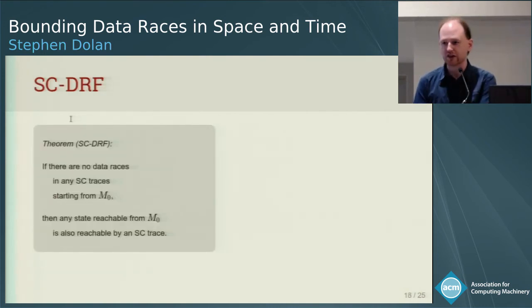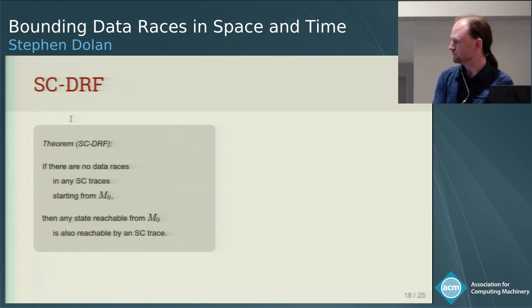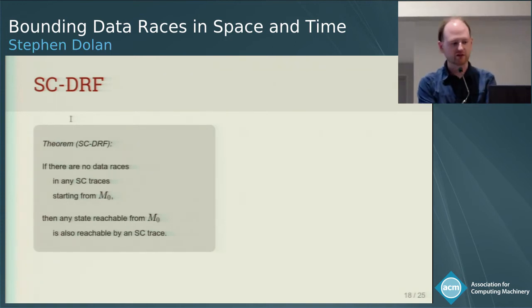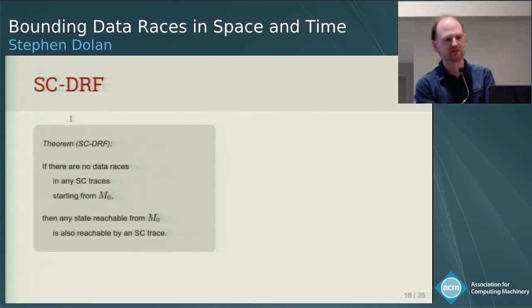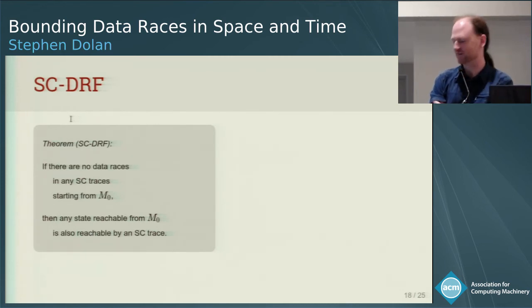Then the SC-DRF theorem, the classical one, says: if there are no data races in any SC traces starting from the initial state, then any state that's reachable from there is also reachable by an SC trace. This is a lot longer than the version I presented a few slides ago, because this version is not glossing over some important details.